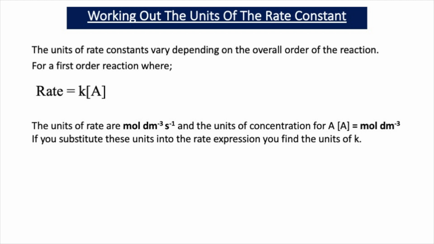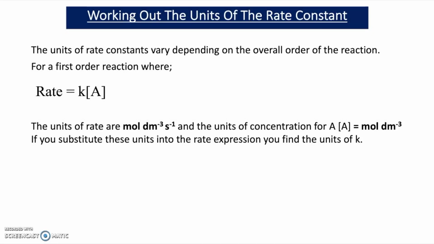Now the rate of a chemical reaction is normally expressed as the change in concentration of reactants and products with respect to time. So the units of rate are normally moles per decimeter cubed per second. So moles per decimeter cubed, seconds to the minus 1.